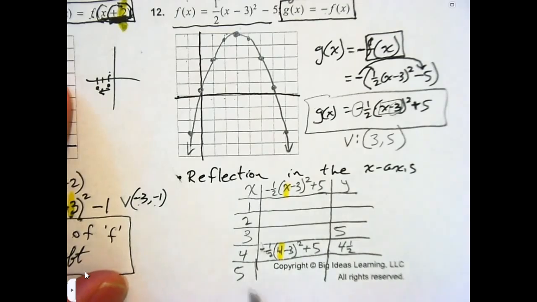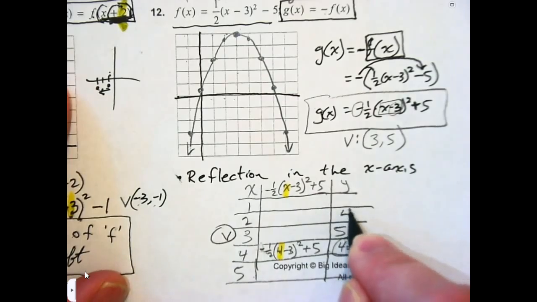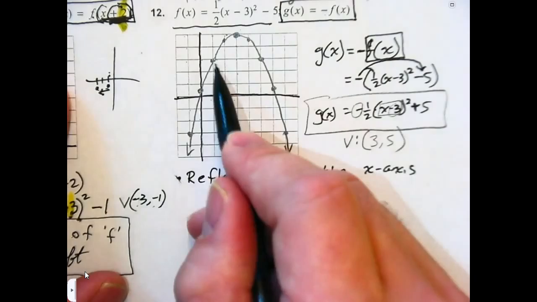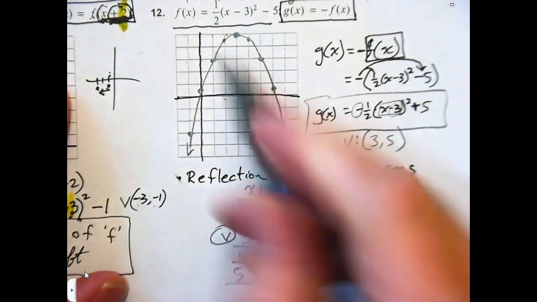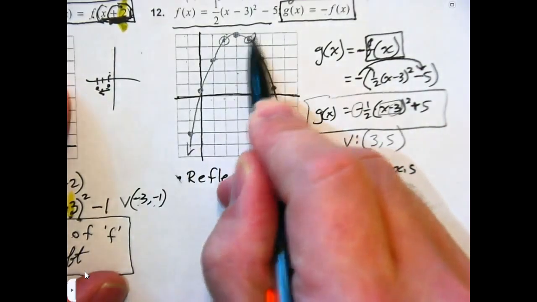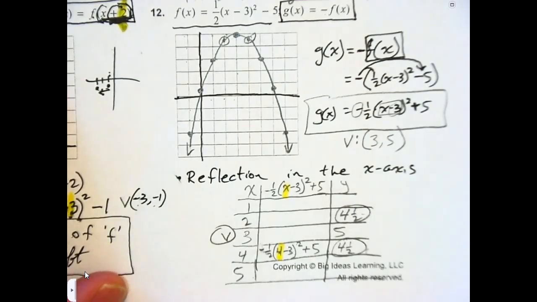Then we go through that same process, but you got to make sure you do the order of operations on that. Remember, if this is our vertex right here, if we label it with a B, this value and this value are the same. They're symmetrical. It's that point right there and that point right there.